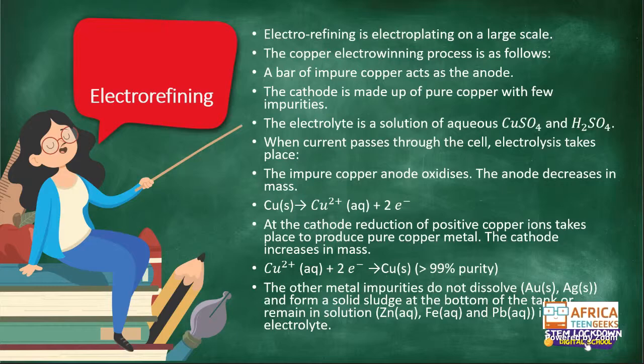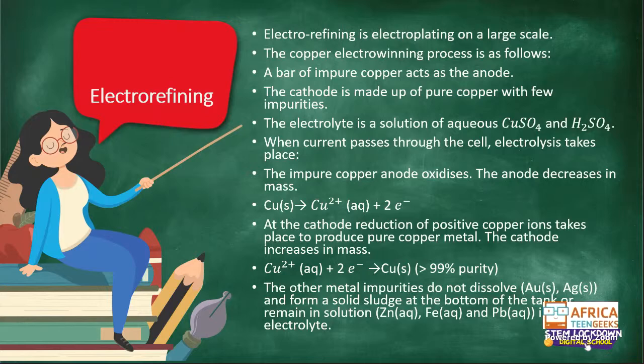So electrorefining is really important because this is how we get copper out of the earth. And by now, I'm hoping that you know copper is one of your most conductive metals, and it is very important for electricity, especially in our wires. So what happens in electrorefining is basically just a large scale of electroplating.